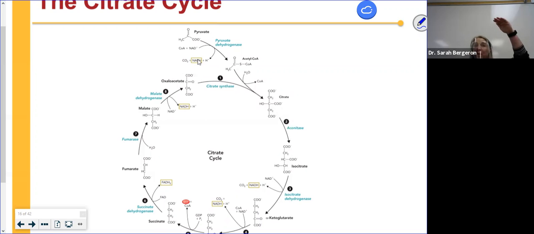But if we start with one molecule of glucose and track all of the energy that comes from it, starting at glycolysis, we would count everything in glycolysis, the pyruvate dehydrogenase reaction, then the citrate cycle reactions.